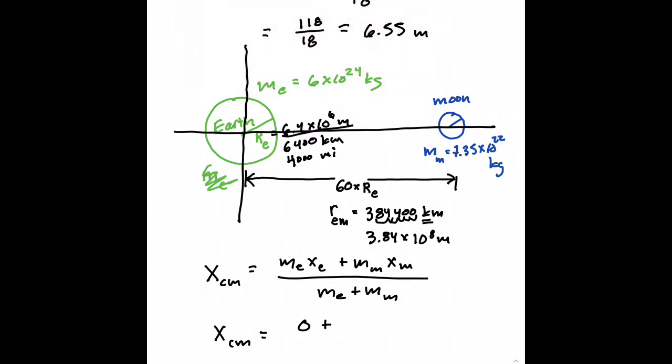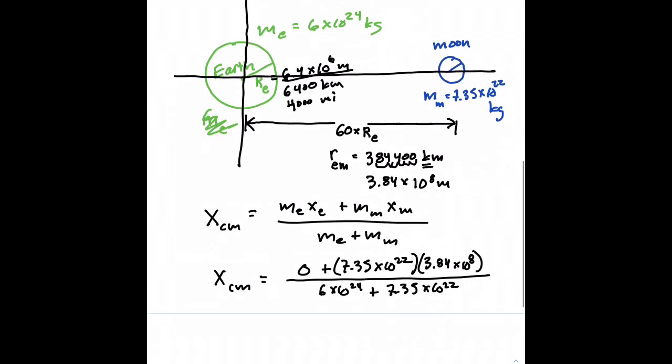So we need to multiply 7.35 times 10 to the 22nd by 3.84 times 10 to the 8th, and divide that by the sum of 6 times 10 to the 24th plus 7.35 times 10 to the 22nd.